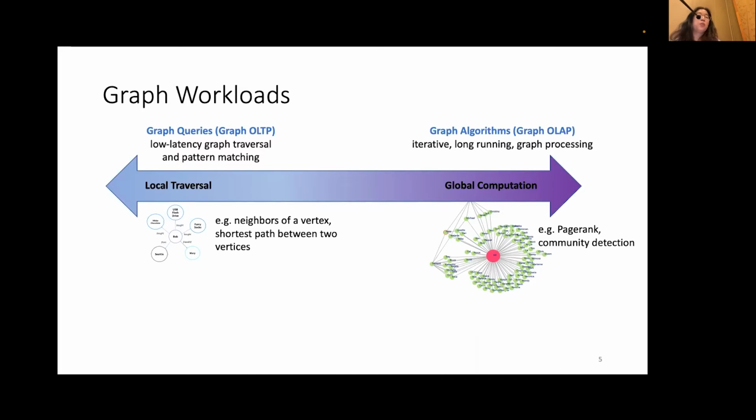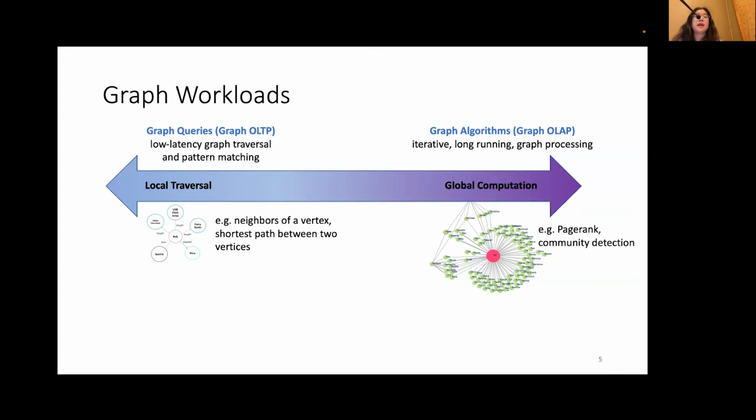So people usually call them graph queries. They usually touch a local region of a graph, and they have a low latency and interactive response requirement. Examples would be finding two hop neighbors of a node or finding the shortest path between two nodes. Because of the low latency requirement, people also call them graph OLTP.